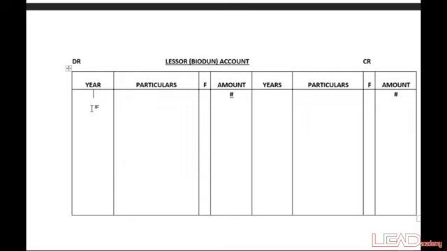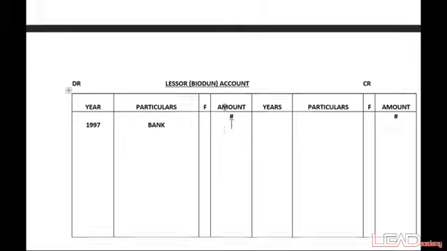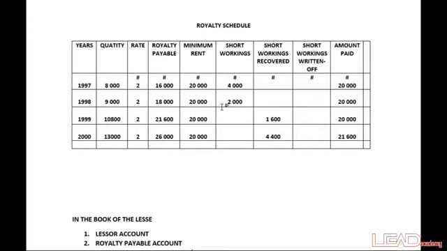We start with the first year, which is 1997. In 1997, the landlord received money in his bank account. How will you know how much he received? For you to know, you are going to look at the amount paid. So the amount paid in 1997 was 20,000.